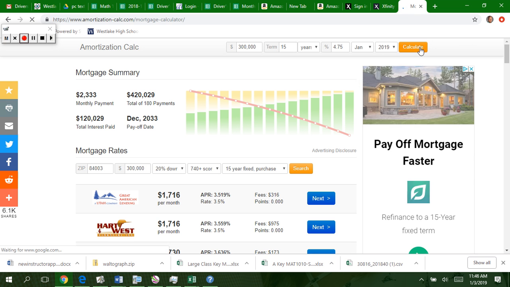Okay, so 30 was just right there. So now a 15-year loan. This is how much you'll pay. And that's even if you make one payment extra a year, that takes off, I think, 5 or 6 years just by paying one extra payment.